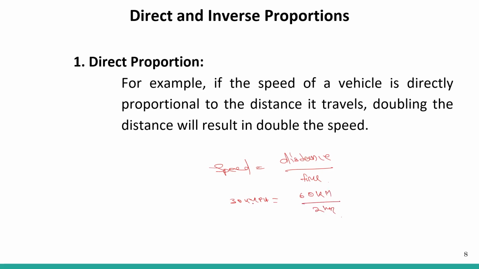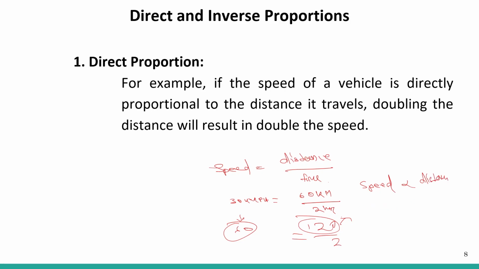So if we double the speed, so if 30 becomes 60, what will 60 become? 60 is in the numerator, that is the distance. So distance will become 120, right? 120 by 2. Since this got doubled, this thing got doubled because speed is directly proportional to distance.